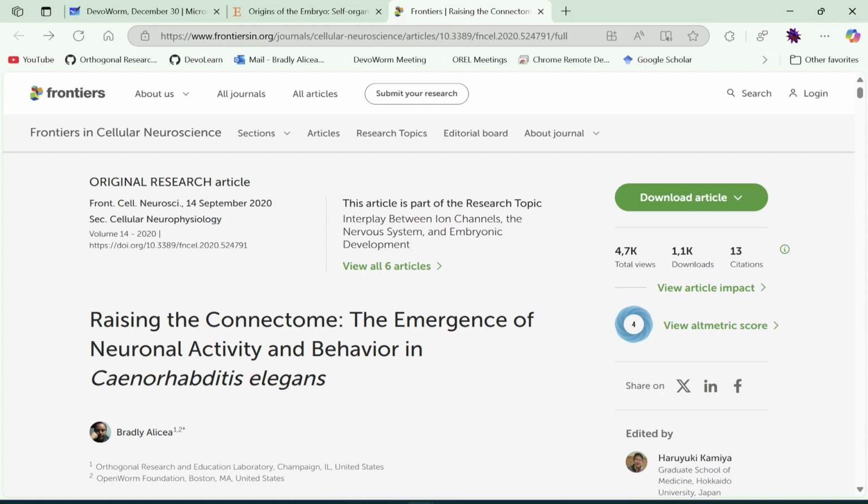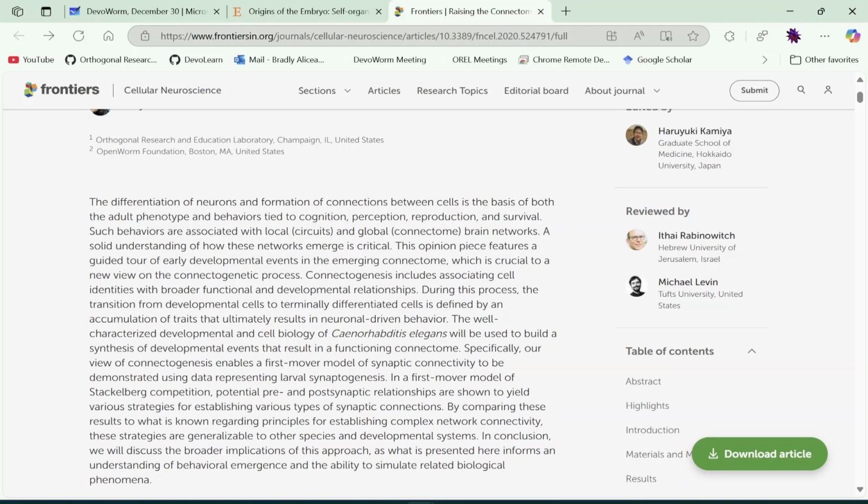In this paper, this is raising the connectome, the emergence of neuronal activity and behavior. C. elegans, this is from 2020, talking about something called connectogenesis, which is how the connectome starts to emerge from cells that are differentiating and coming into their adult positions in the organism.